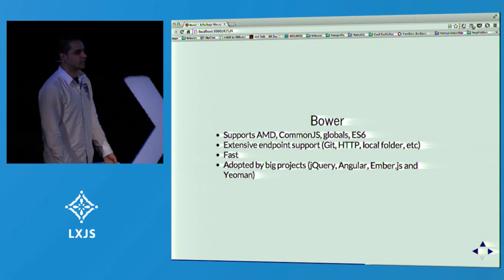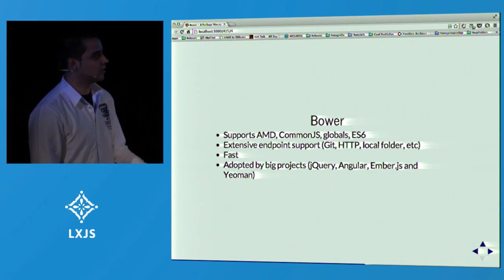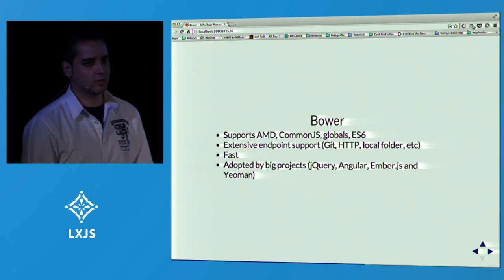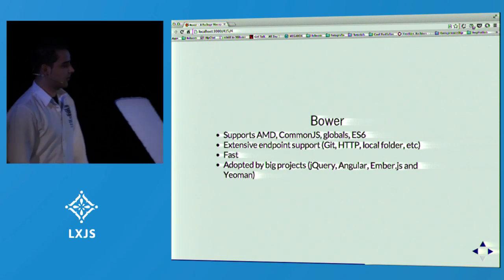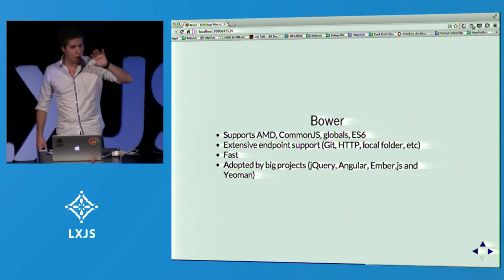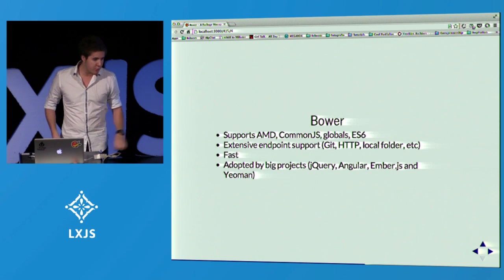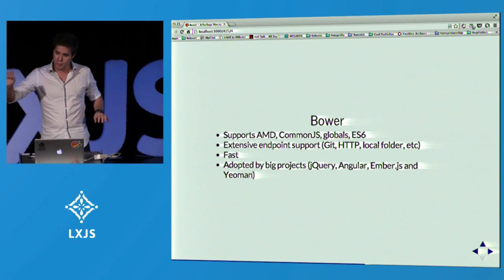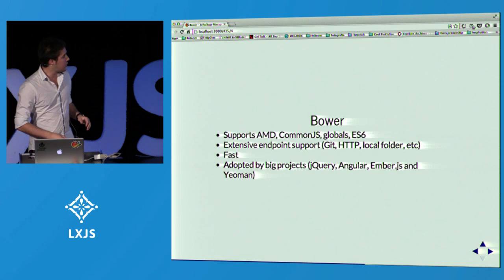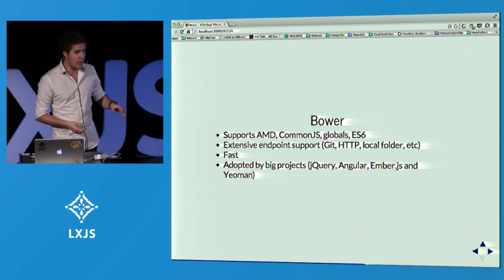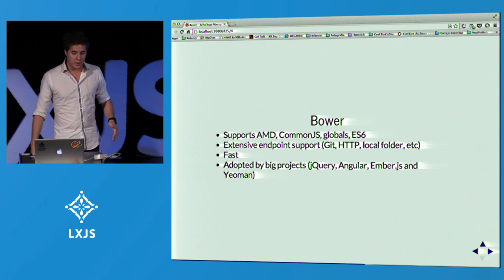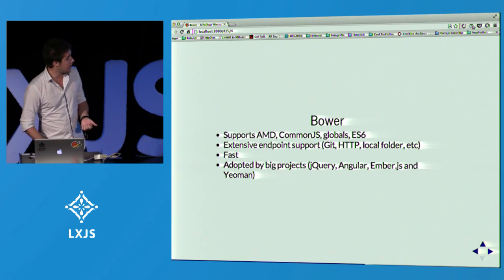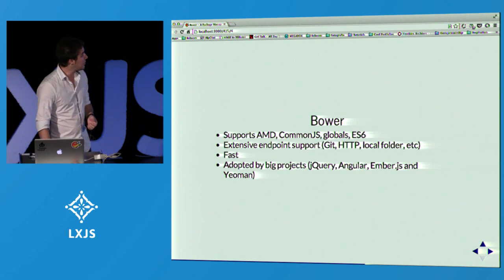For instance, if you have a link which points to a zip file or a tar.gz file, Bower will extract that for you automatically. And even if there is some obscure stuff, say it is coming from, I don't know, my fridge, you can just create your own resolver and get that into Bower, and that will be supported. It is also very fast, as Andre will show you meanwhile.